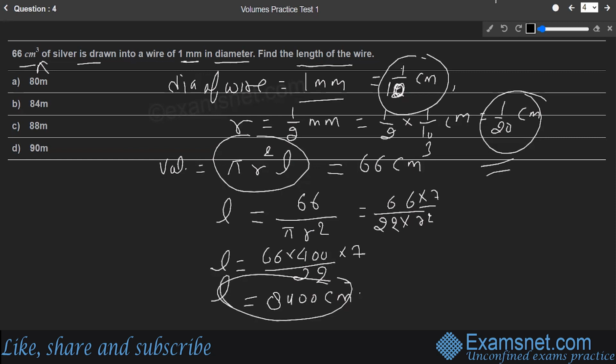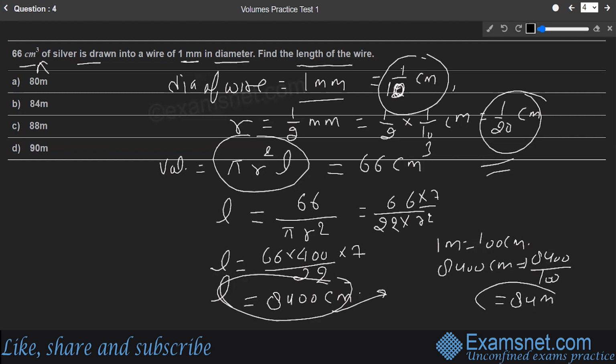But he has given all the options in meter, so we need to convert this 8400 centimeter into meter. 1 meter is equal to 100 centimeter. So 8400 centimeter is 8400 divided by 100, which is 84 meter. So that is the length of the wire, 84 meter.